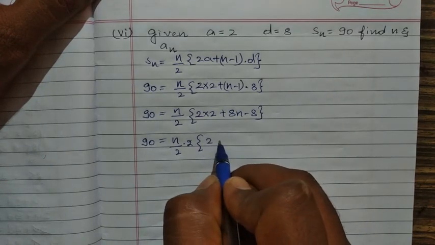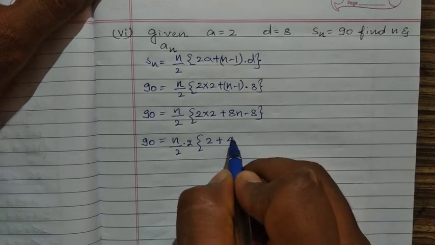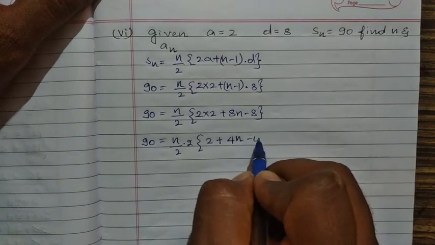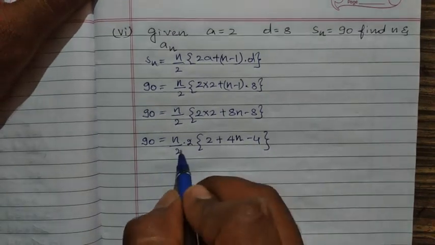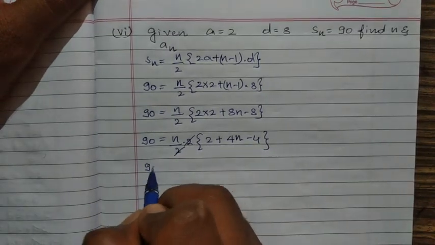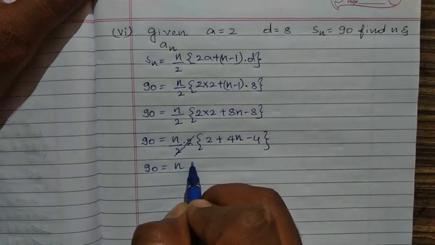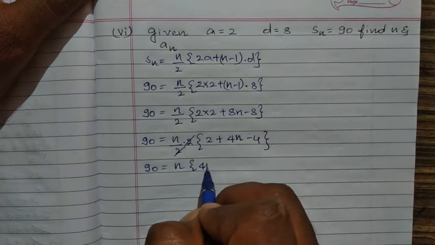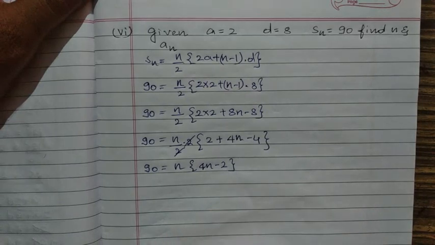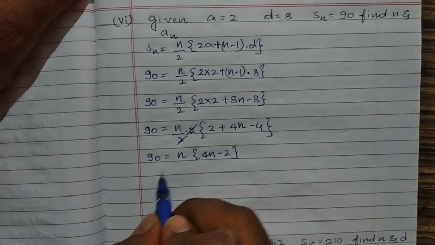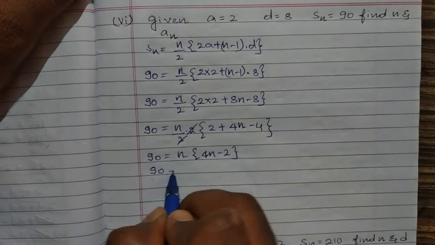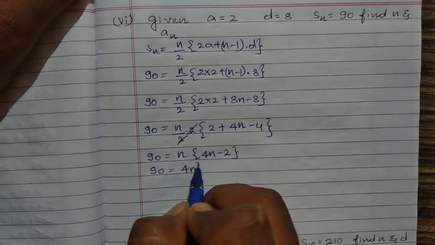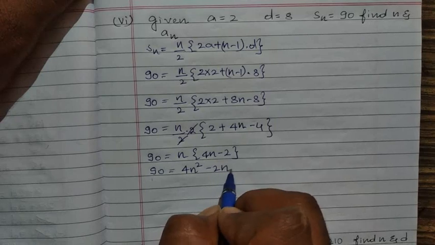Plus 4n minus 4. So then the 2s cancel. 90 is equal to n of 4n minus 2. Now multiply. 90 is equal to 4n square minus 2n.